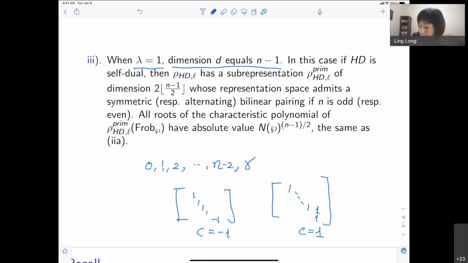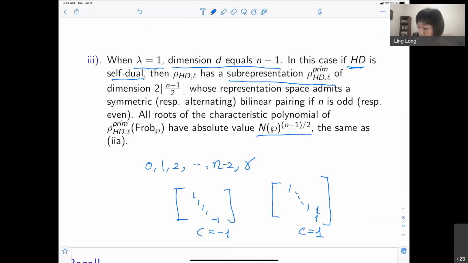In this case, if you know the hypergeometric data is still self-dual, then you more or less have the same kind of conclusion, but it will actually tell you there is a sub-representation, which is primitive in the sense that the absolute value will be the same as before, but possibly there might be an additional kind of degenerate representation coming into the picture.